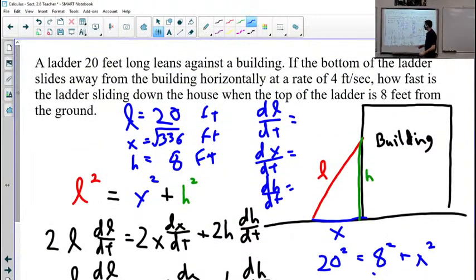All right, we have 3 rates here. Which rate are we trying to find? How fast is the ladder sliding down the house? So dh dt is what we're trying to solve for. Which one is 4? It is dx dt.